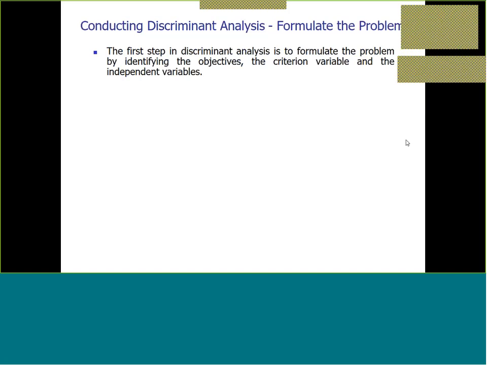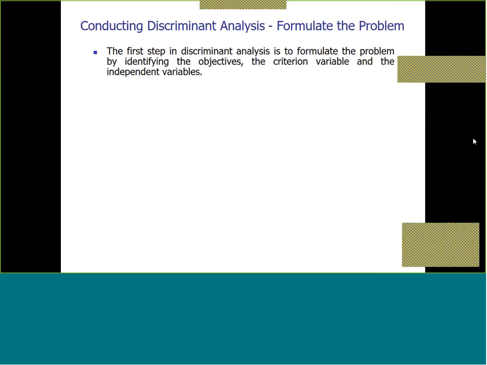So let us discuss these steps in detail. Conducting discriminant analysis, the first step is formulating the problem. The first step in discriminant analysis is to formulate the problem, that is, identifying the criterion and independent variables.